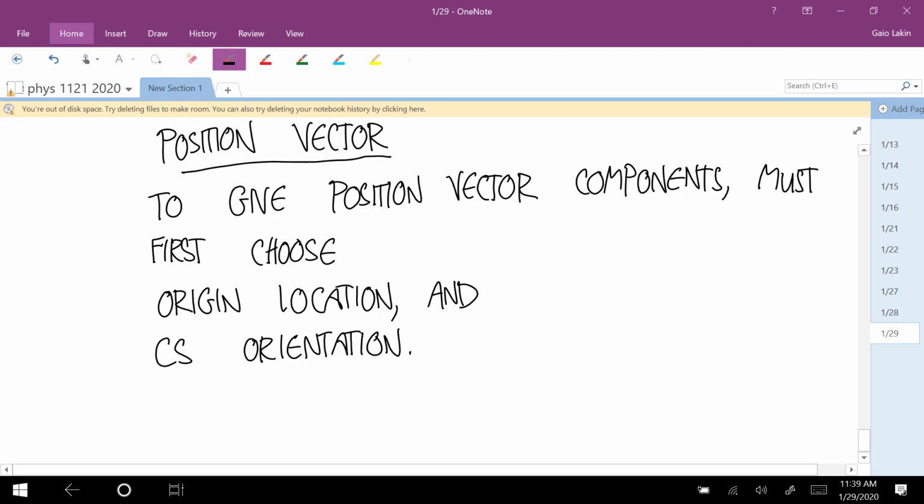So this position vector is not defined until you make these two choices. Is that familiar at all? That's analogous to what we did in one dimension. These are like the 2D version of the zero position and the positive direction.